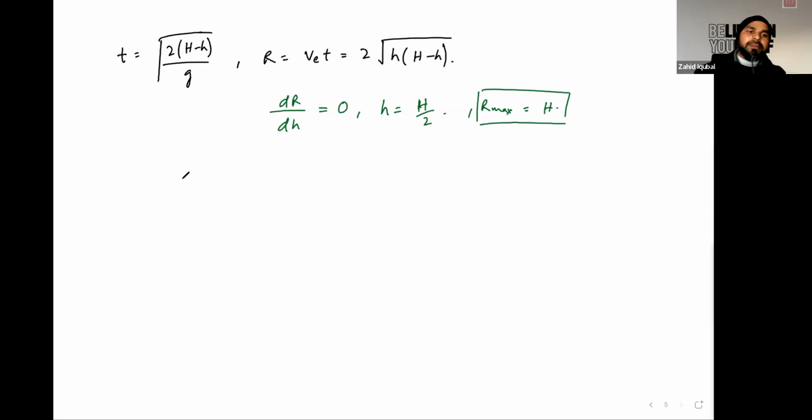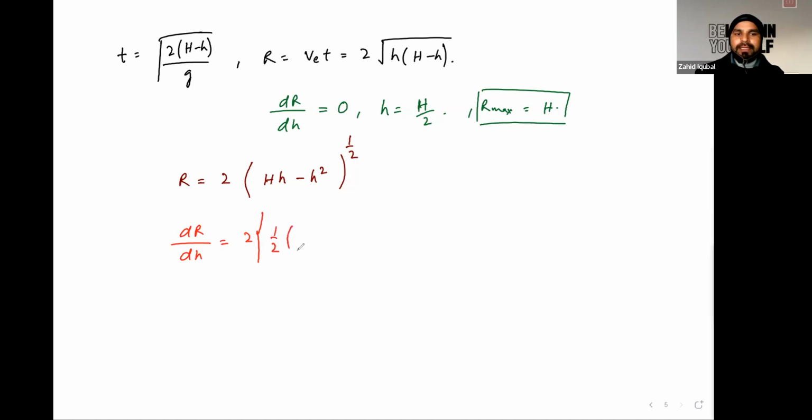Let me derive this particular part. According to the relation, range is equal to 2 times under root. We may write this as power half, and if you multiply this term, you will get h times (H minus h) squared. In this part, we have two different functions: one is exponential and the other is algebraic. So dR over dh, 2 being constant, differentiation of the exponent will be n x to the power n minus 1.